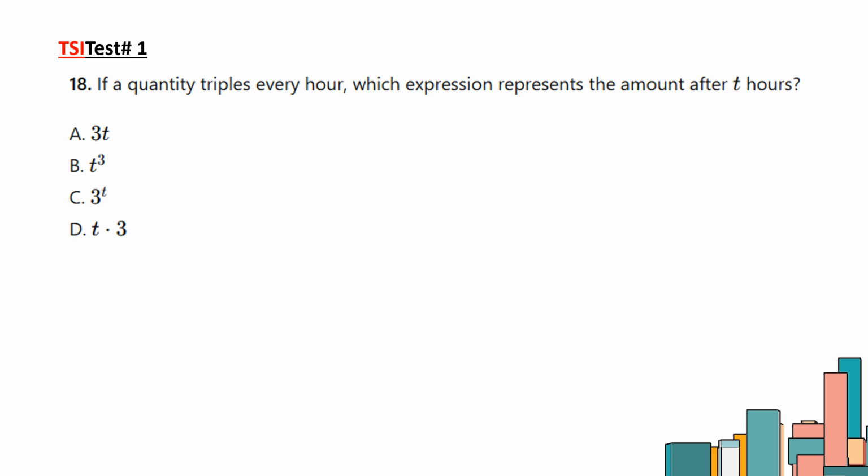Question number 18. If a quantity triples every hour, what expression represents the amount after t hours? So we have to think kind of like making a chart. Every hour: the first hour, if t equals 1, then what happens? Let's call the quantity P, for population. It will triple.